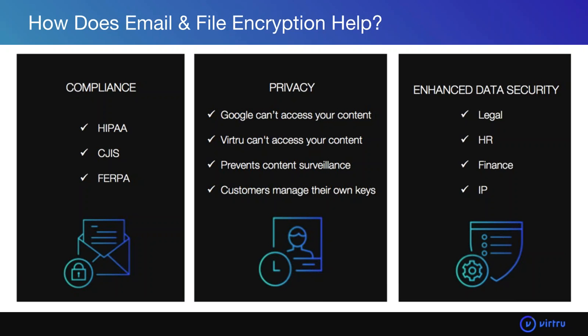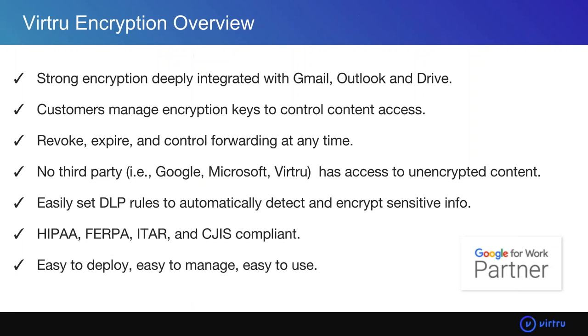And then finally, the enhanced data security aspect: the most common is that we are handling that most sensitive 5% of information in your environment that you do want to protect, around your legal, finance, or HR data. So what Virtru does is we provide encryption technology that integrates directly within your email and Google Drive experience.